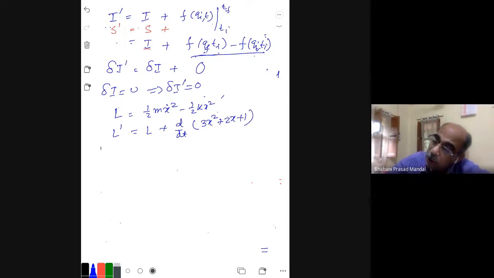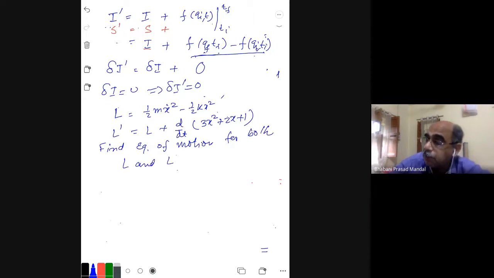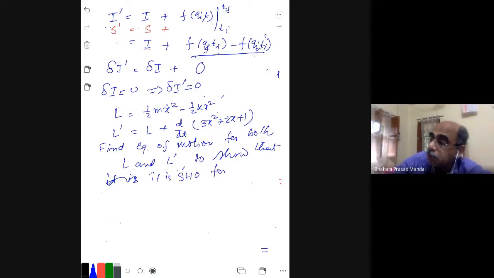Now you find the equation of motion for both L and L prime to show that it is a simple harmonic oscillator for both cases.